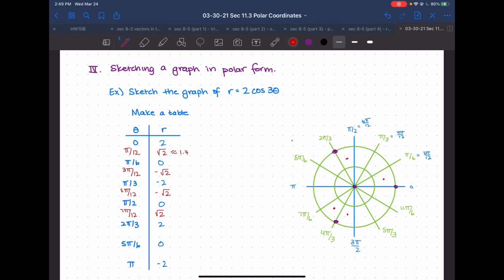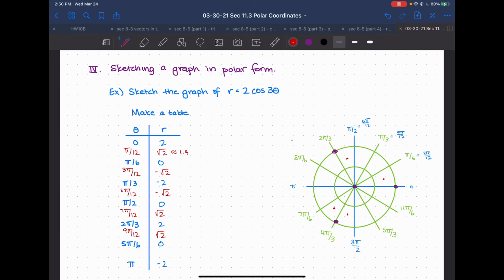Then we have 9 pi over 12. And so that's going to be 9 pi over 4, which is coterminal to pi over 4. That's also going to be a positive root 2. Looks like we have a nice pattern where it's going positive, negative, negative, positive, positive.